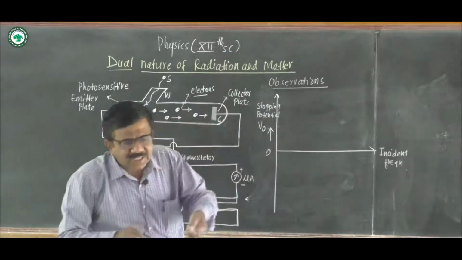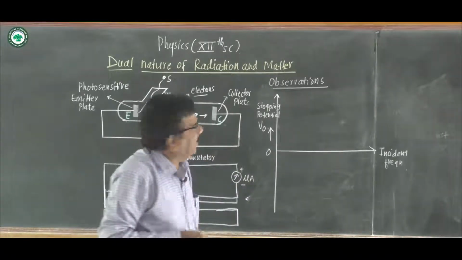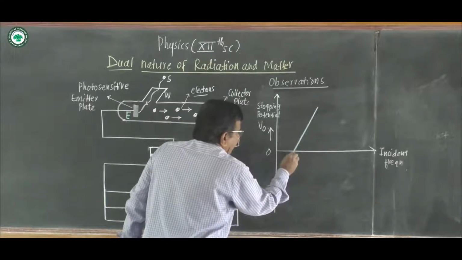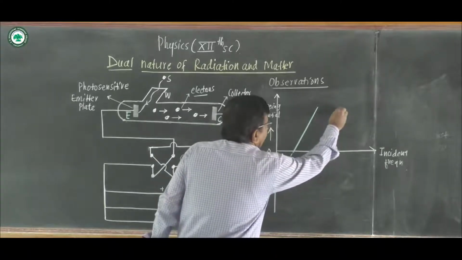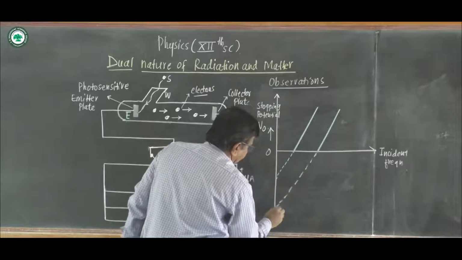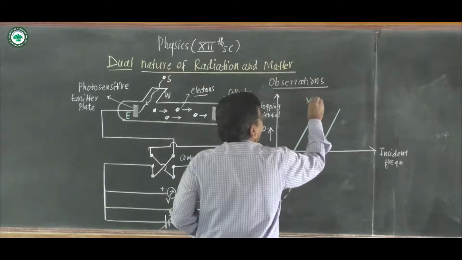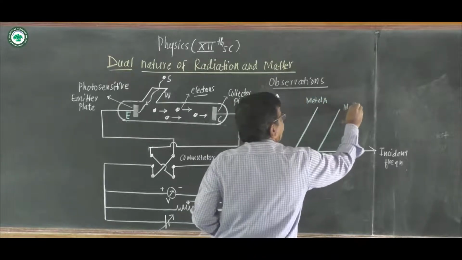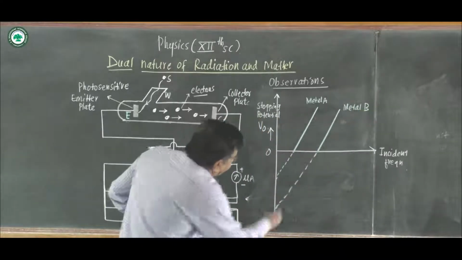And we plot the graph for different metals, metal A and metal B.